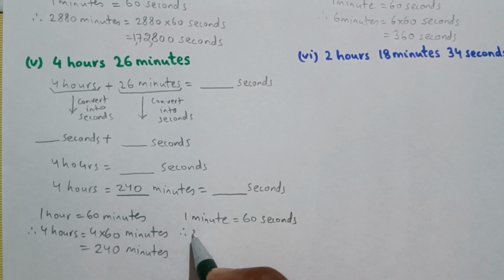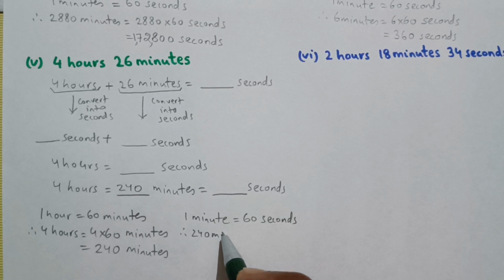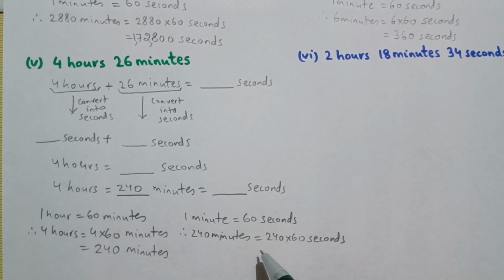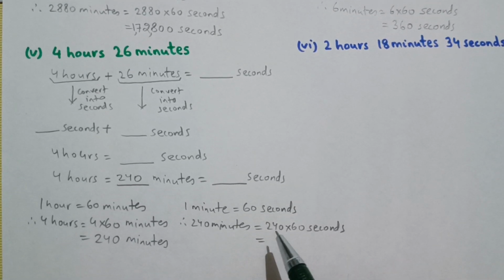Therefore 240 minutes will be 240 into 60 seconds. Now what is 240 into 60? First we will do 24 into 6 and then we will add these two zeros at the end of that answer to get the total number of seconds.